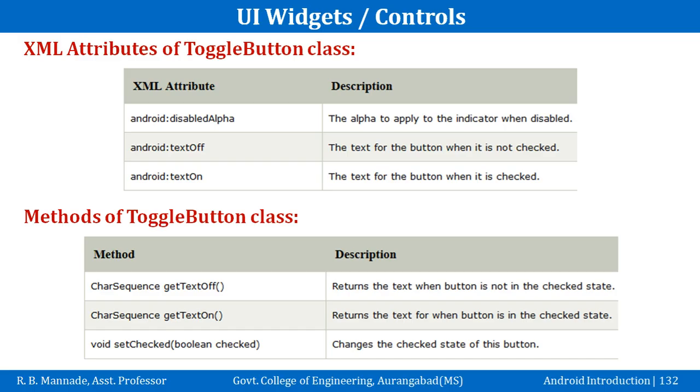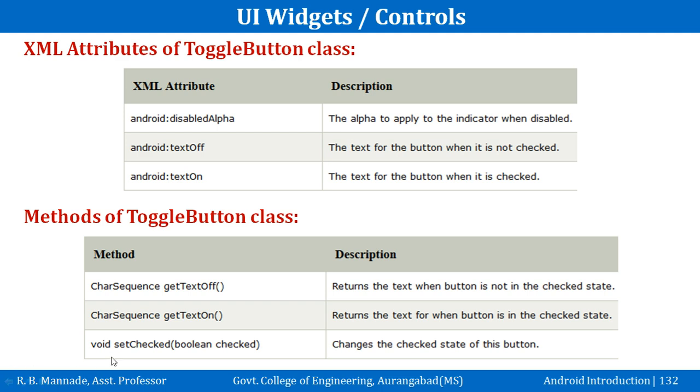It means whenever the toggle switch is in the off state, whatever text property that button has will be extracted by this getTextOff method. Similarly, the getTextOn method is used to extract the text of the toggle button when it is in the on state.